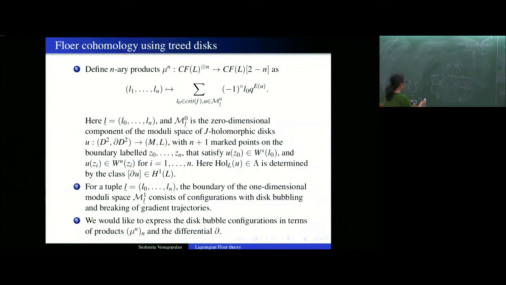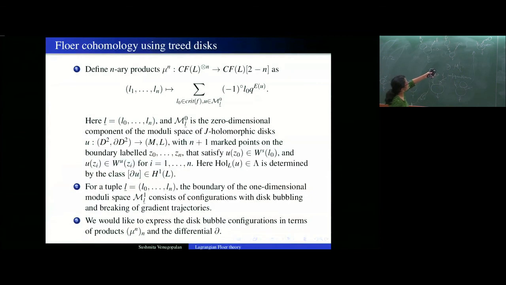Or for that matter, I forgot some configurations, so I could even have had things like this. This is A, this is B, this is C. And I would like to replace it by a broken gradient trajectory and a B here.